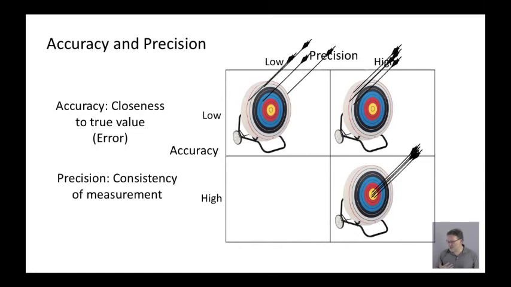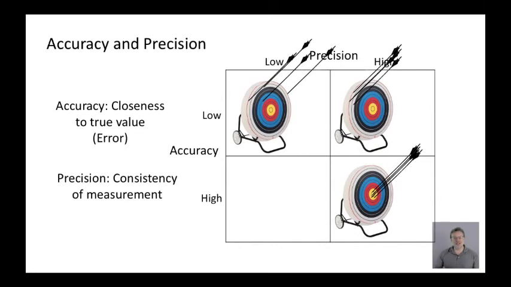In that sense, you can see that it's possible, as is evidenced by the target in the upper right, to have an archer who is precise but not accurate. High precision, there's a great degree of consistency in which he's hitting arrows in the exact same location, but there's an accuracy problem, isn't there? He's not hitting the center of the target.